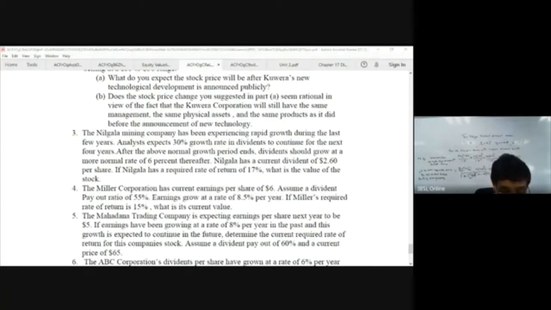And that has to be multiplied with 1.06 and divided by k minus g. K minus g, that is 17 minus 6, that is 11, that is 0.11. And it has to be present valued, so you have to divide it by 1.17 to the power 4. Then you get that value also.